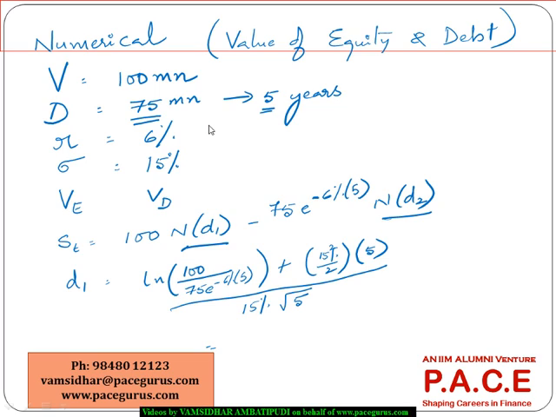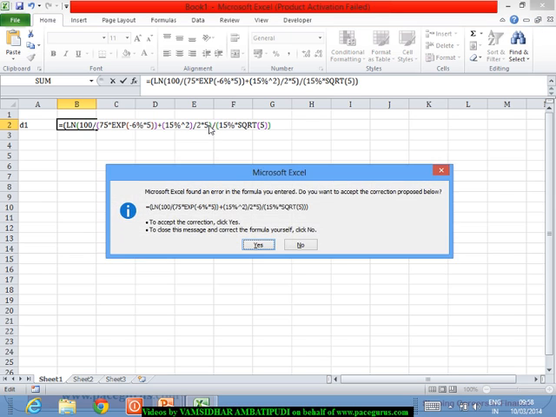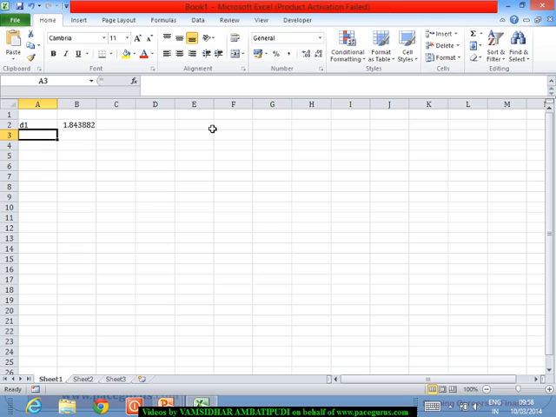Sigma is coming out to 15% into square root of t. Working out to this being my D1, and D2 will work out as D1 minus sigma root t. This is the value of D2.